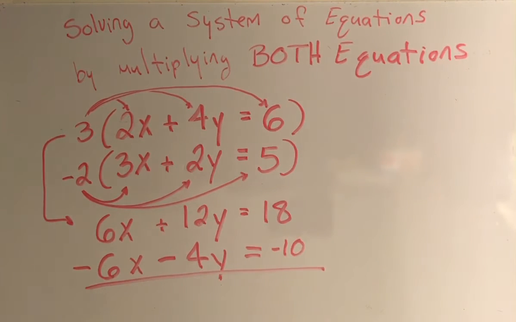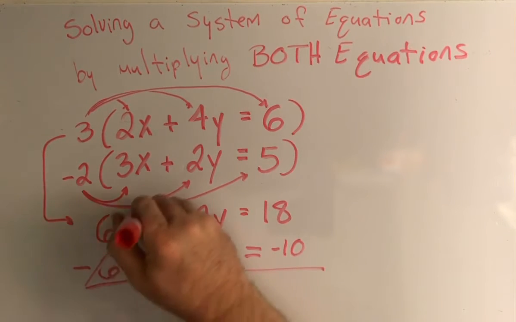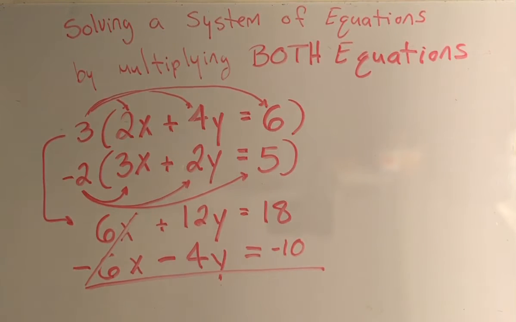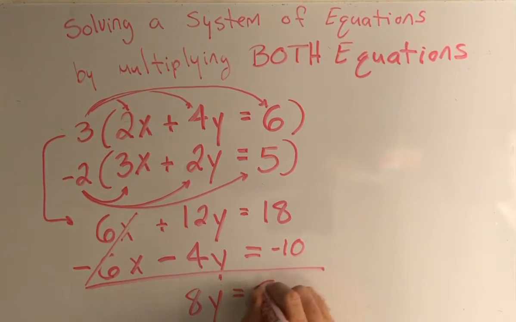Now I can look at my system of equations here, and I can cancel this. All right, the 6x's cancel. Then I have 12y minus 4y. Well, that's 8y equals 18 minus 10 is 8. I have 8y equals 8.